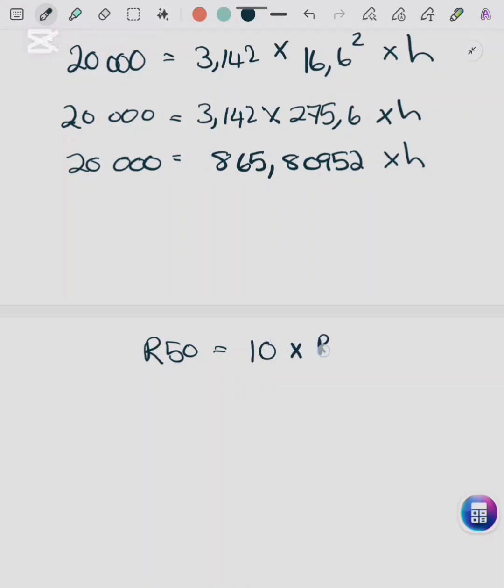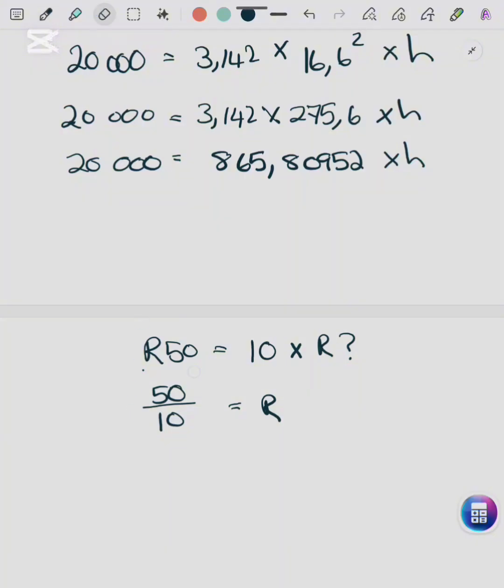How much was each item? So it would be 10 times something gives me 50 Rand. Well, we know we should be going 50 divided by 10 to find out what the Rand value is. This is that very same concept, but just with more complicated numbers.